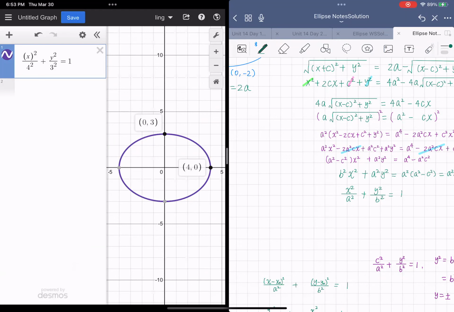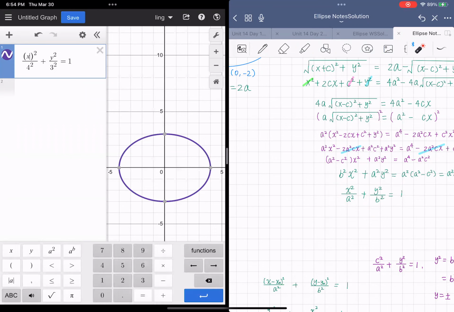The a is greater than b. When the number under the x squared is greater than the number under the y squared, this ellipse's major direction is the horizontal direction. But you can switch. You can change this 4 to be 3.